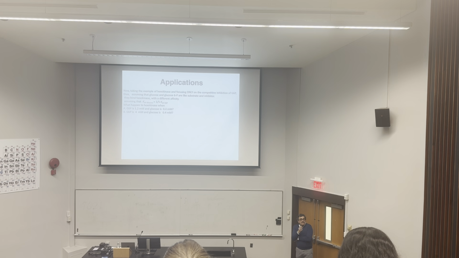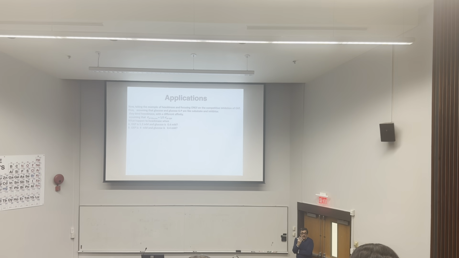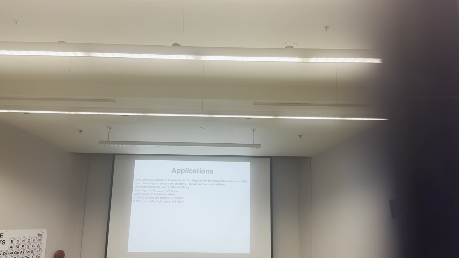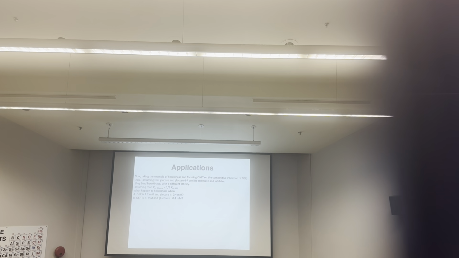It's X and 1/5 of X. So if Kconm for glucose is 1/5 of Kconm of glucose 6-phosphate, it means that the Kconm for glucose is 5 times smaller than the Kconm for glucose 6-phosphate, right?